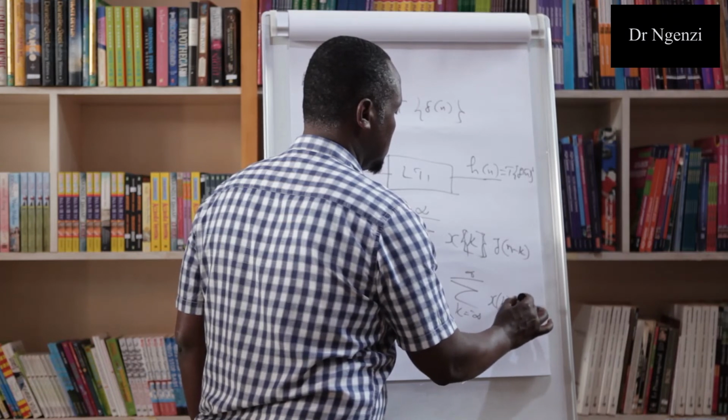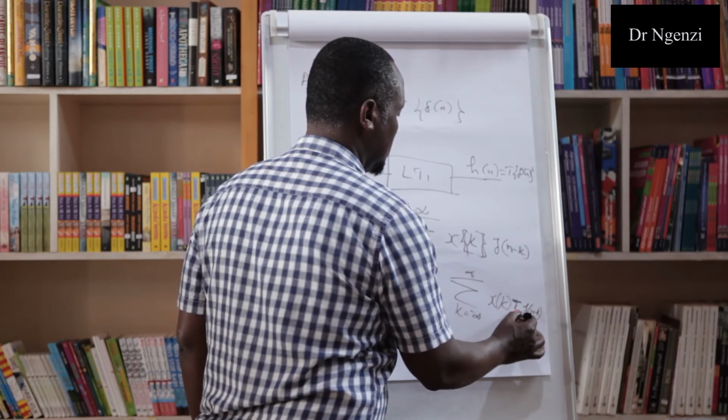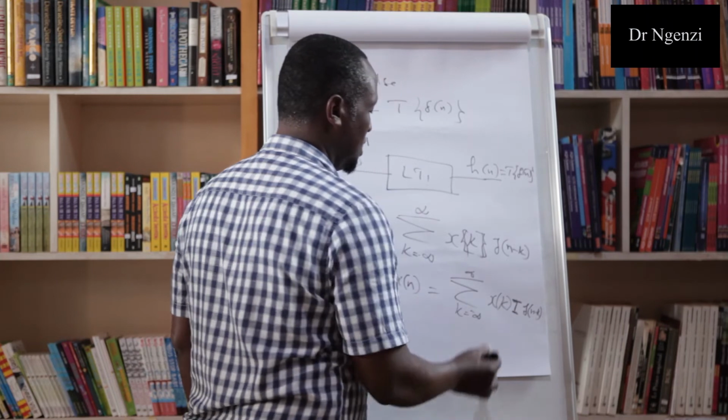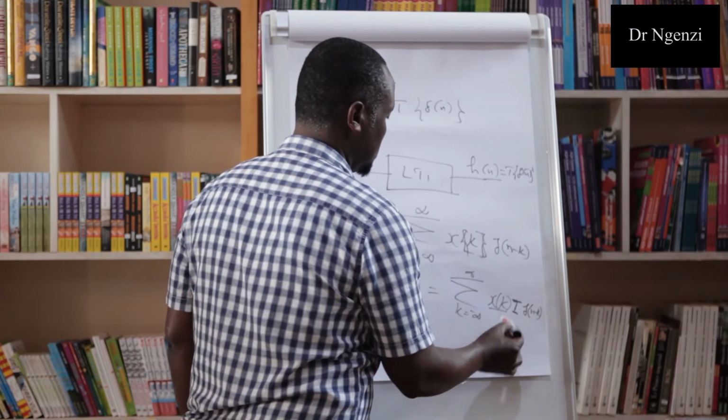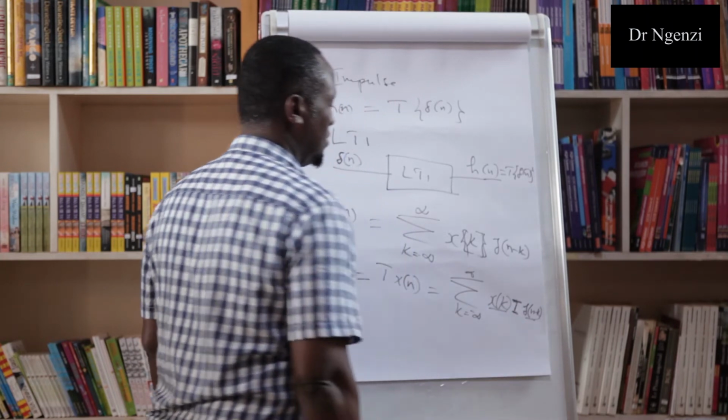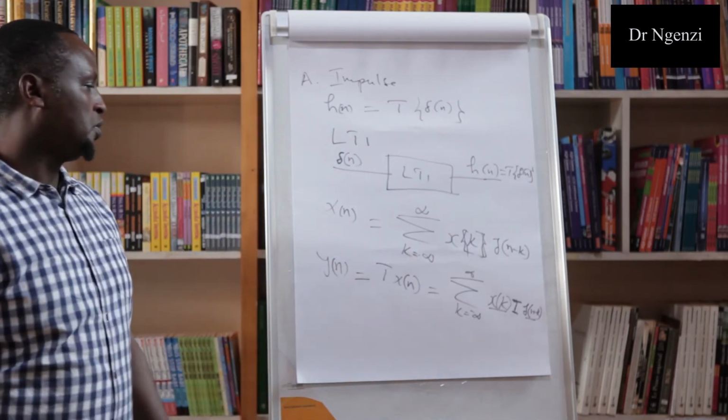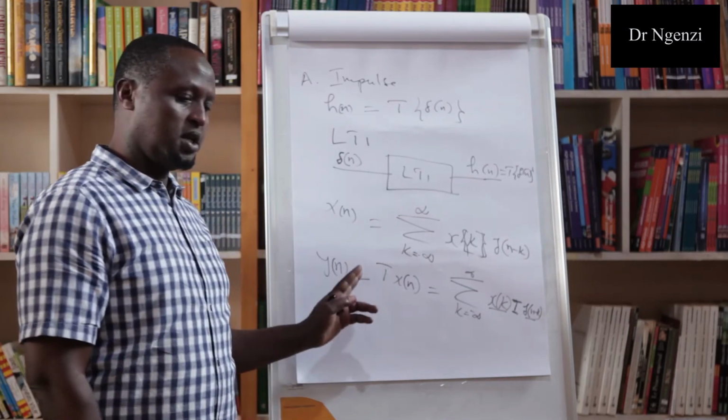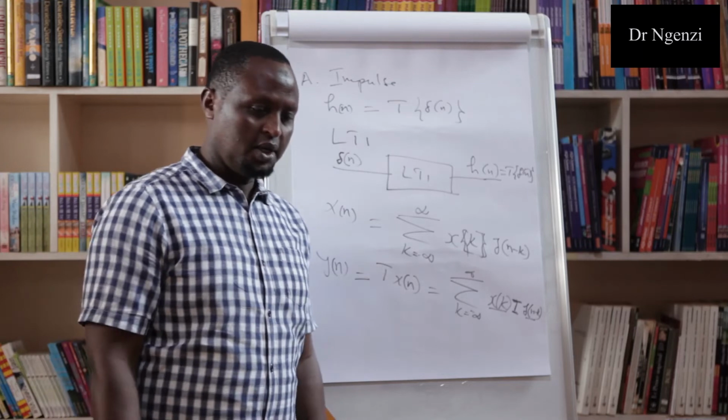So this is T in between, which is a transformation that we say. So this is a shift theorem that you can see. So this is the resultant of the system.